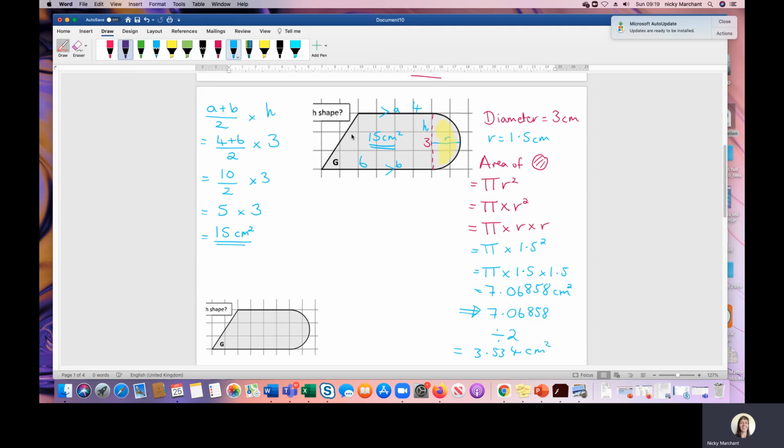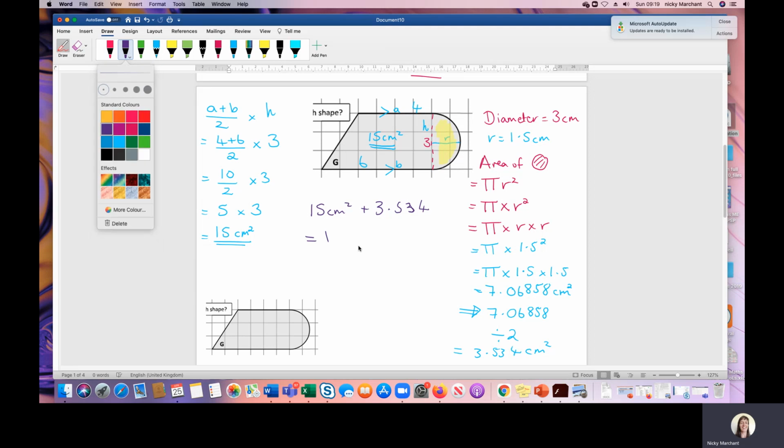Again, this question is not finished. We need to make sure we've got the area of the whole shape. So that would be 15 centimeters squared plus the 3.534. Actually, if you saw the whole question, it was asking for 1 decimal place.